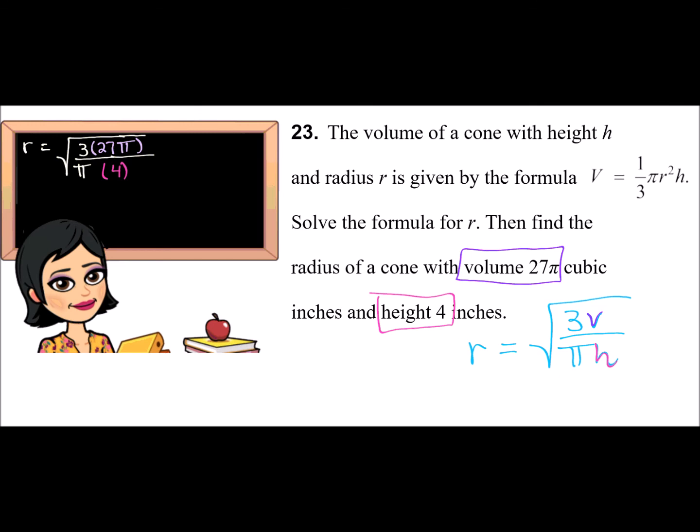What I want you to also be aware of is that pi divided by pi is 1, so those pretty much cancel out. So now we're just left with 3 times 27 divided by 4. And so we get 9 over 2, but that doesn't sound too good because this is a word problem, so we're going to say that the radius is 4.5, and we're talking in units of inches. And that is our answer right there, guys.